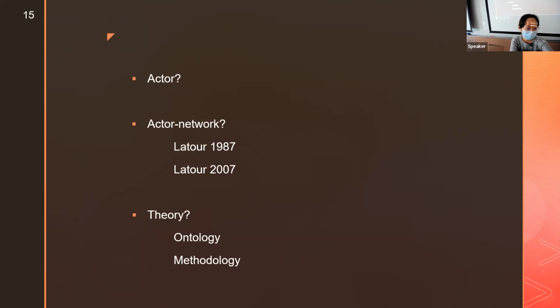Because many of the forefathers of ANT, for example Latour and Callon, were anthropologists, when reading their work you will find that methods common in anthropology are also commonly used in ANT research.